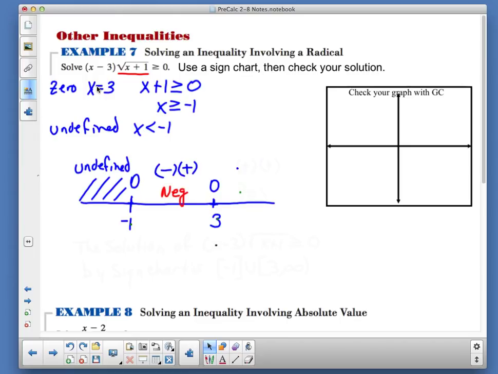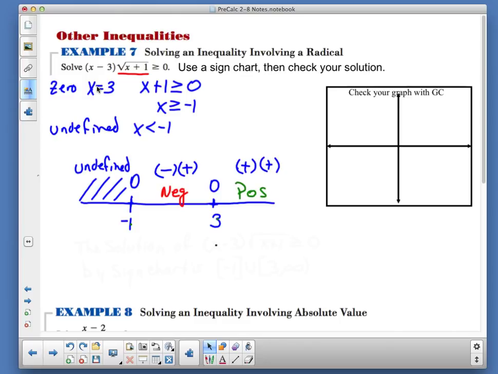And then I look at a number on the right side of 3, like 4, 5, 6, I don't care what your number is. I pop it into my 2 factors to determine what the sign would be over there. Whether it's 4, whether it's 40, it's going to be the same sign. So it's going to be positive and positive, so I've got a positive result on my sign chart.